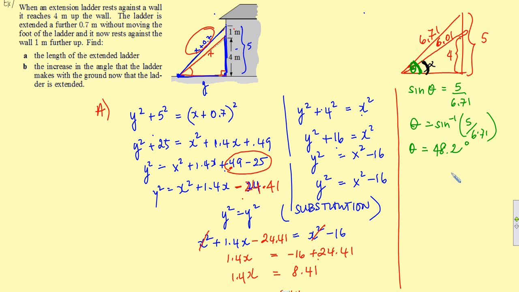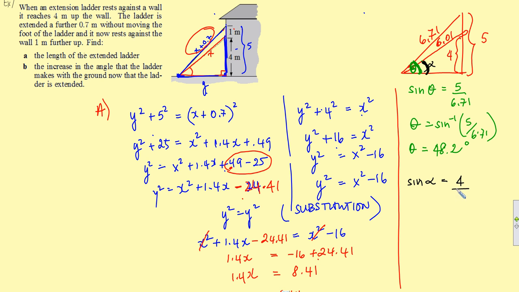So the other angle that we're going to take a look at is the smaller angle, and the smaller angle is going to be alpha. So with respect to alpha, we're going to do sine alpha is equal to 4 divided by x.